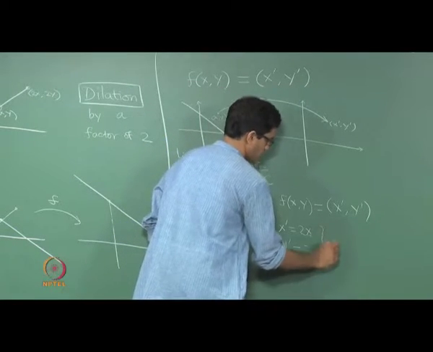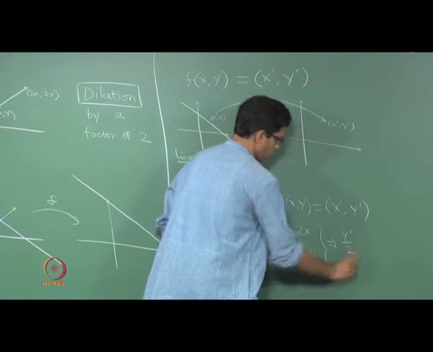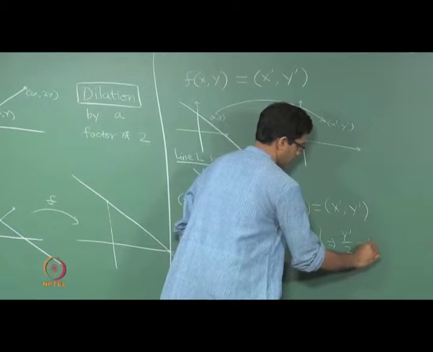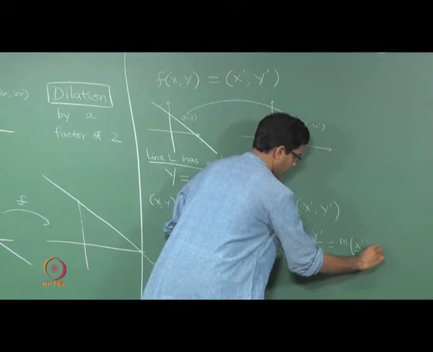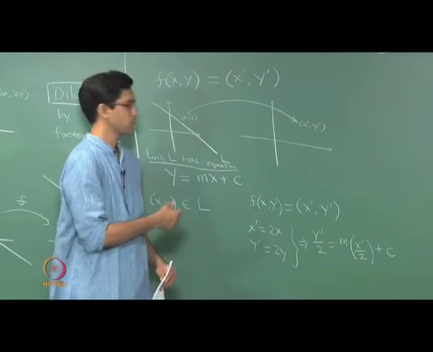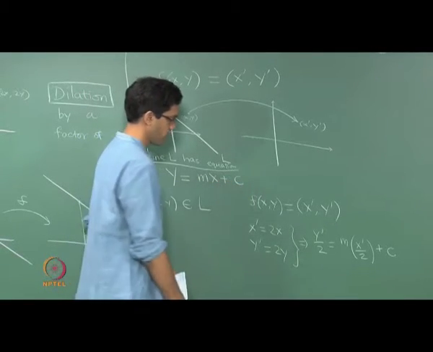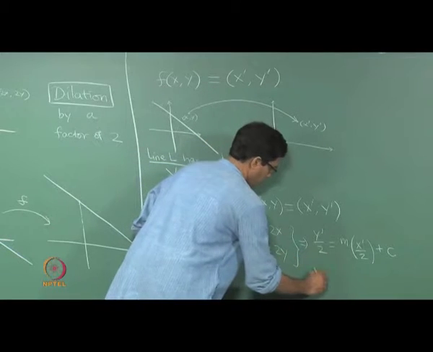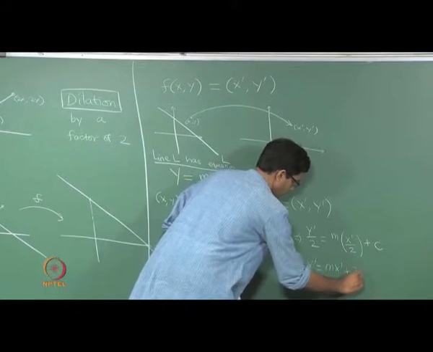So, from this you conclude the following: y prime divided by 2, which is basically y, must be the same as m times x, which is x prime divided by 2, plus c. Observe that the point x prime comma y prime satisfies that new equation, which of course you can simplify to y prime equals m times x prime plus 2c.